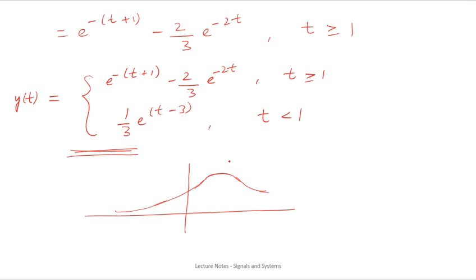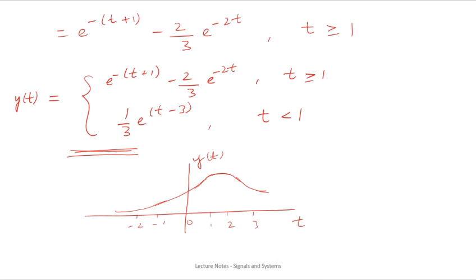You can draw the exact plot by taking different values. So this is 0, 1, 2, 3 and so on. This is the final solution for it.